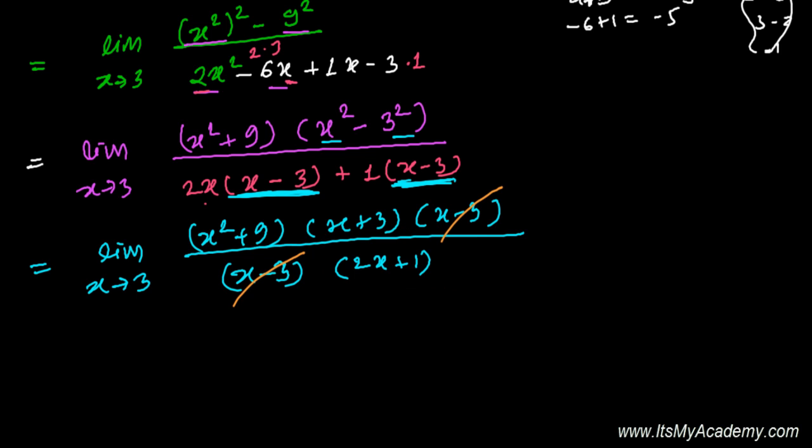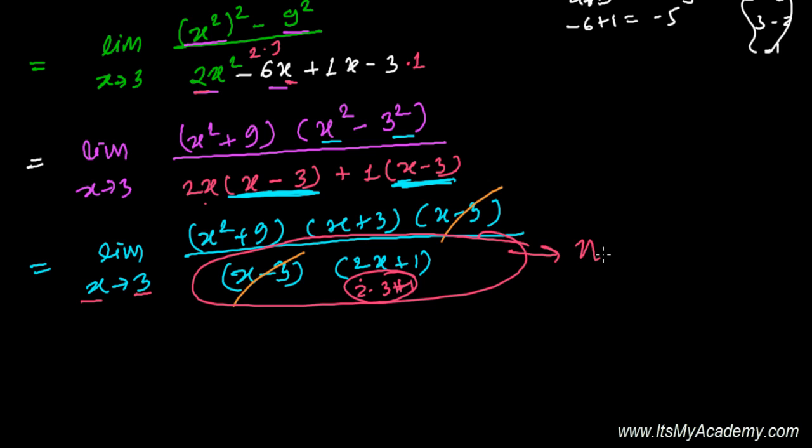And now you plug the value of x tends to 3. When we plug x as 3, we'll get 2 times 3 plus 1, that's 7, and 7 is a perfect number, not 0. So now our denominator is no more 0, so we can plug the value directly now and we'll get the answer.